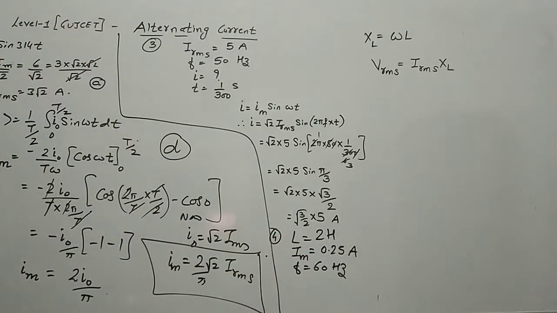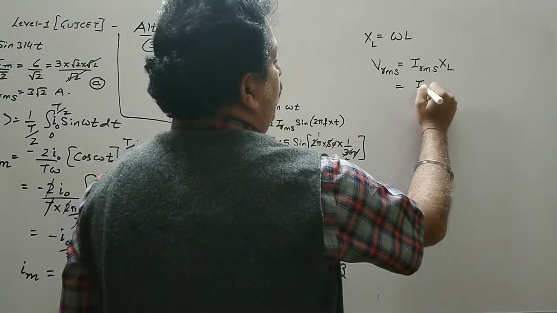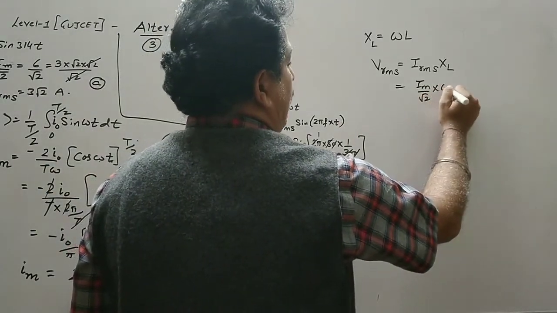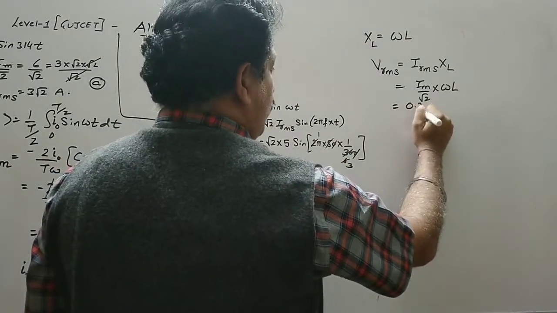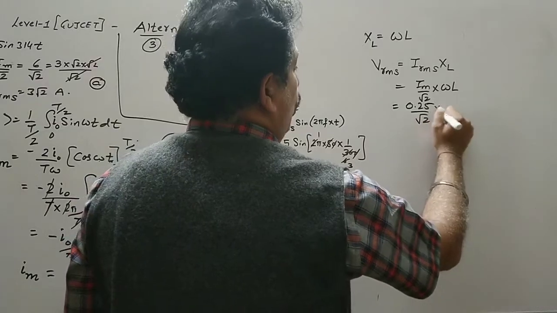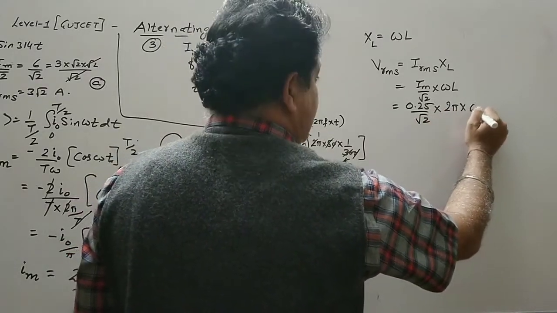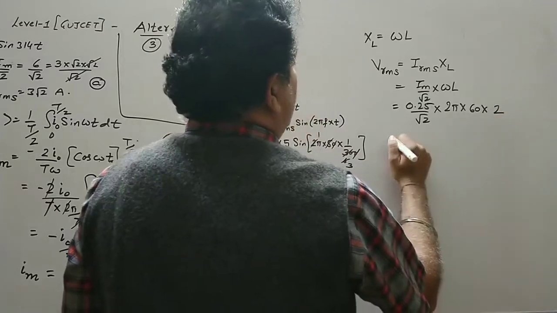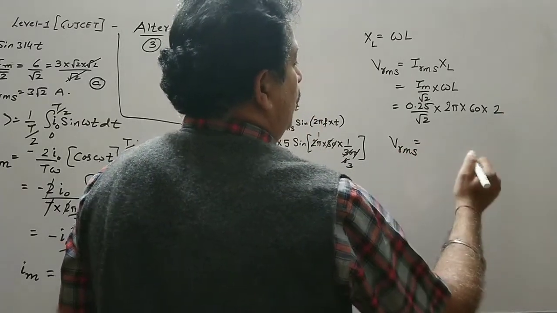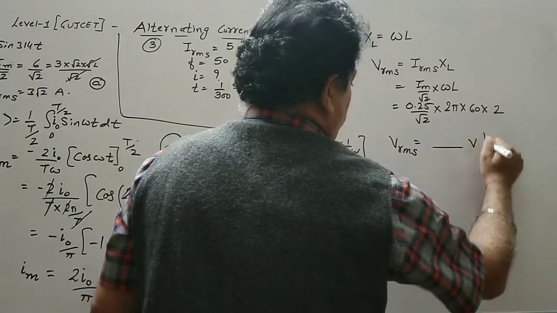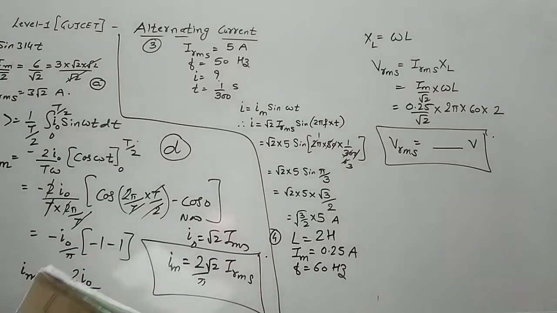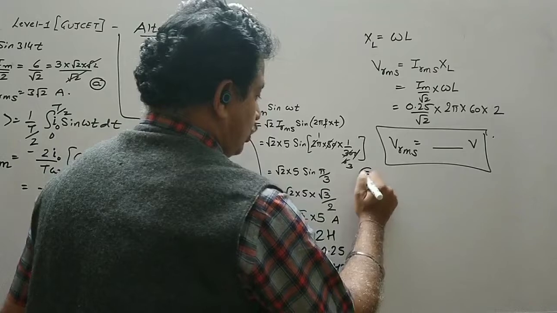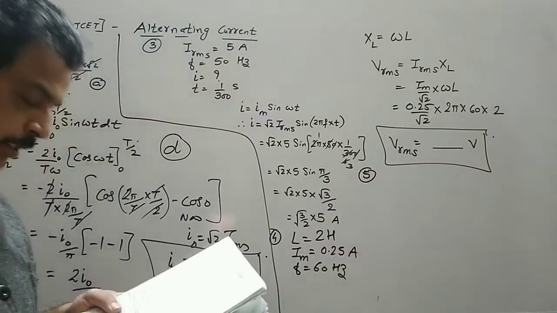So IRMS can be written as IM divided by root 2, and XL can be written as omega L. So we substitute this value 0.25 upon root 2, omega 2 pi f, f is 60, into L is 2. So VRMS is equal to, you substitute all these values and find the answer. So VRMS is that much volt, whatever answer we get here. Now let us see question number 5.